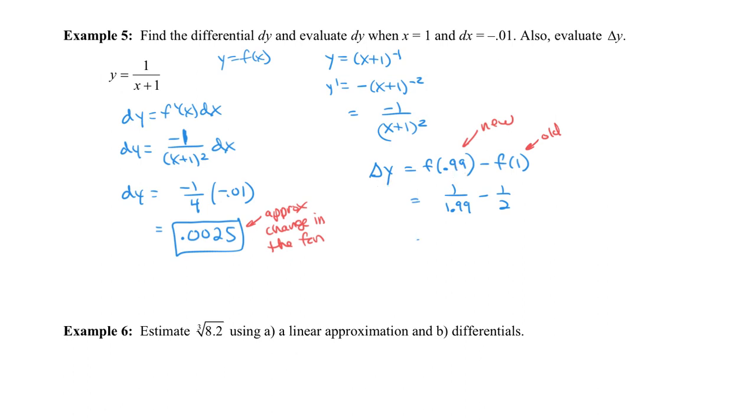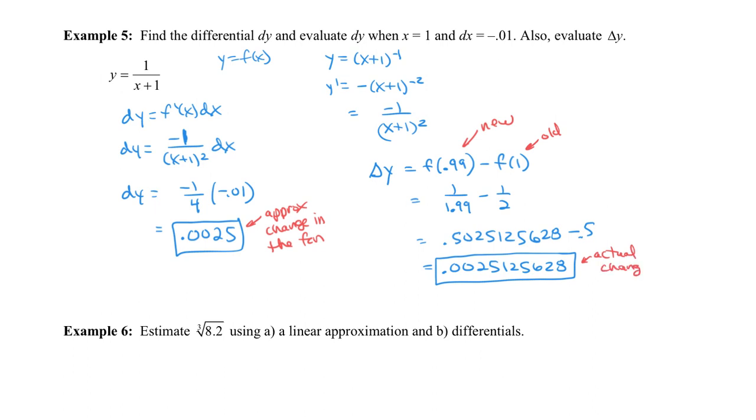And then this gives us 0.502512568 minus 0.5. So you subtract here, you get 0.002512568, at least to that decimal place. And then this would be the actual change in the function.